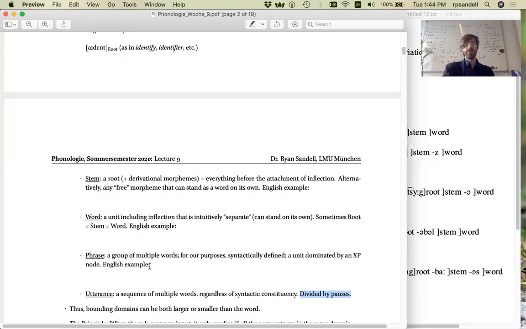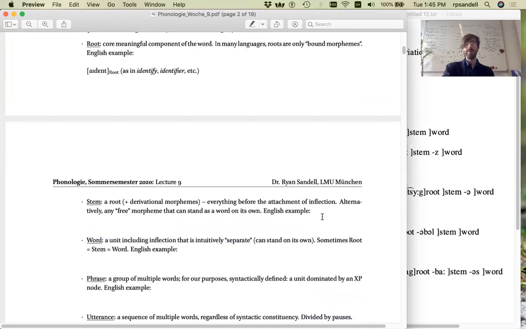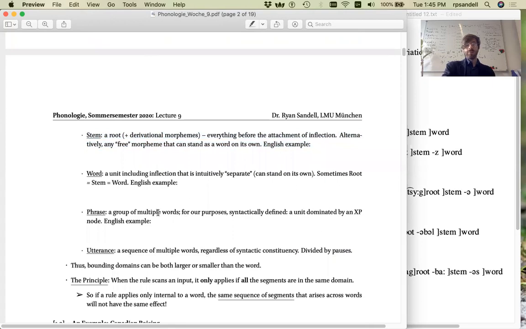So some phonological processes, and indeed a lot of phonological processes, tend to apply only within a word. Some more restricted phonological processes may be limited to applying inside a stem or a root. Then we can find some phonological processes that apply within a phrase and the lower units.